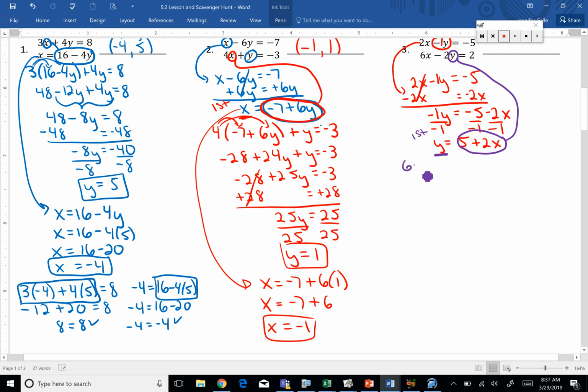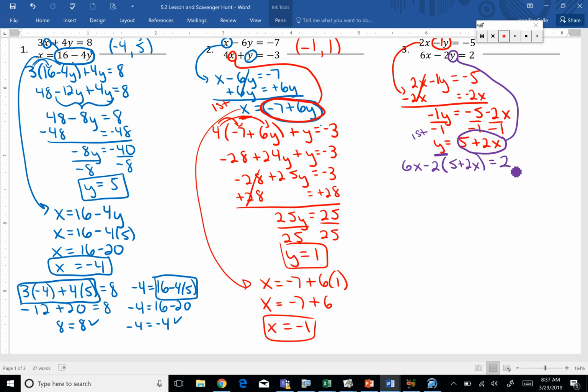So we have 6x minus 2 times the quantity 5 plus 2x equals 2. The only thing I've changed in the second equation is that instead of y, I put our blob expression in there.